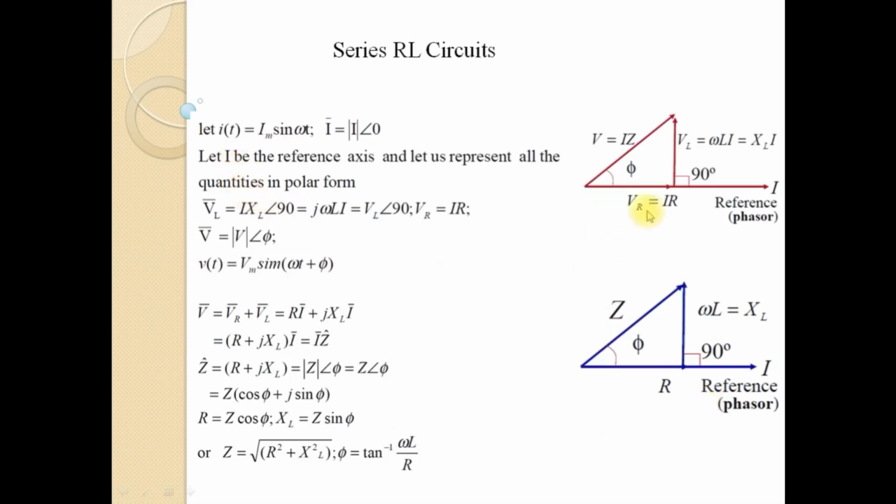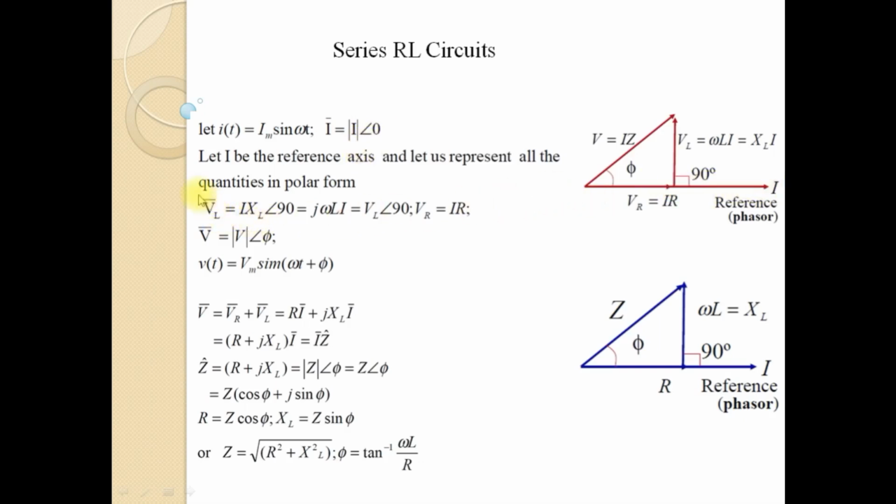Here we have taken the direction of the current as a reference. So the current waveform can be represented as Im sin omega t, because we are taking current as a reference. If you are considering a particular phasor as reference, it will be represented by its magnitude, that is magnitude of I angle 0 degrees, because it is drawn along the reference direction.